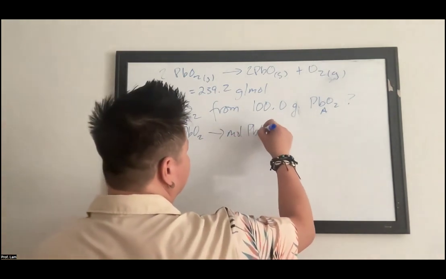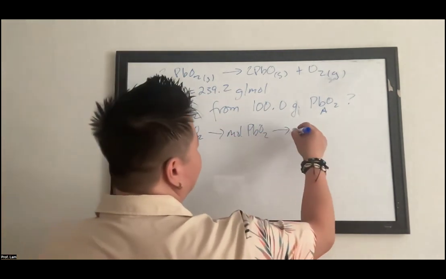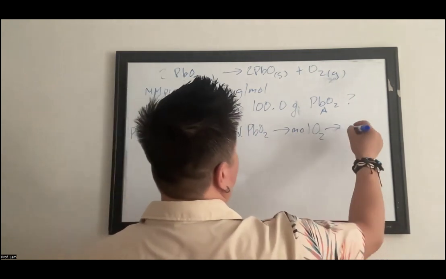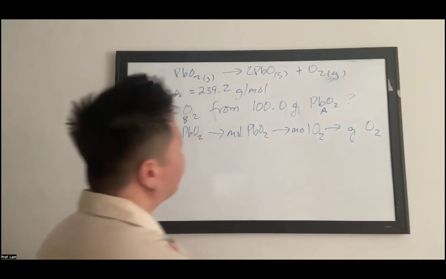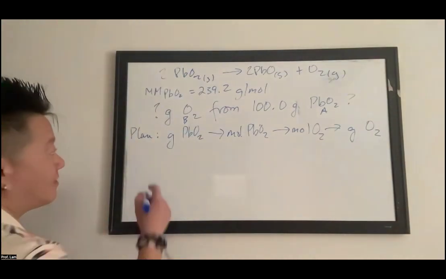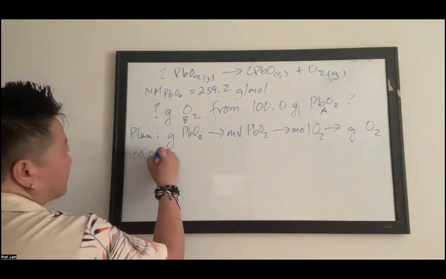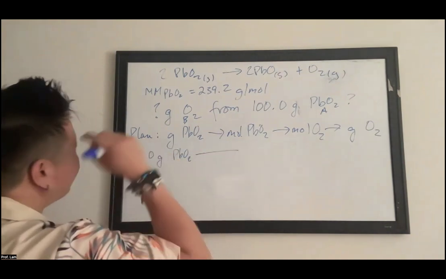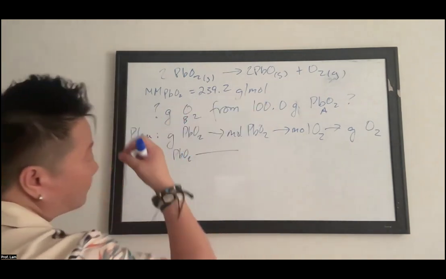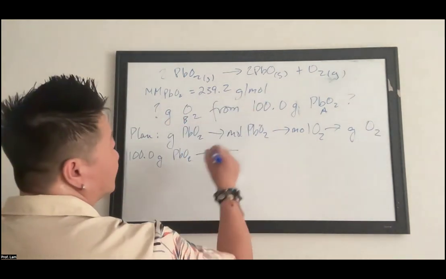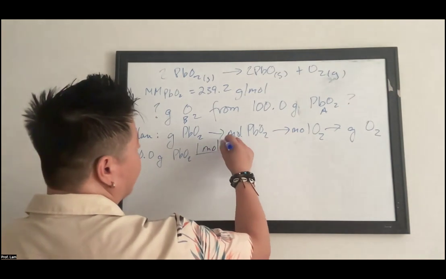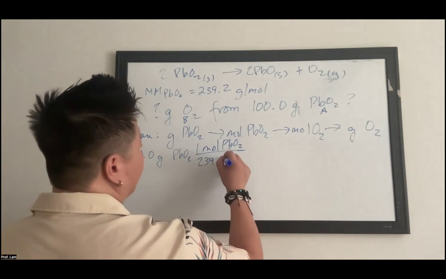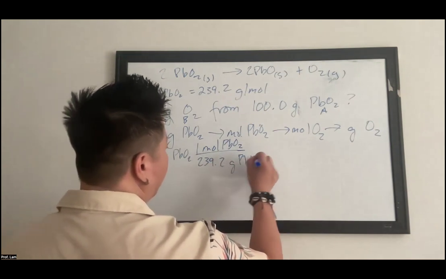Mole of PbO2, that's moles of A. Then you go to mole of B, and then you go to grams of B. Then we execute. 100 grams of PbO2. Give us the molar mass. This is grams per mole. We want mole of PbO2 on top, that's the desired unit. So 239.2 grams of PbO2 on bottom.